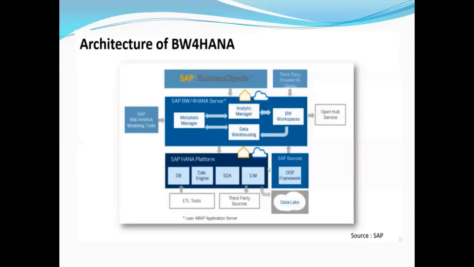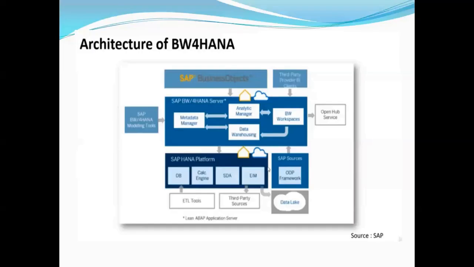Now you can see we have the BW for HANA modeling tool, where you can design your objects, your DTPs and whatever the process. You can load the data from your S4 HANA, any SAP system or flat file to your BW server.